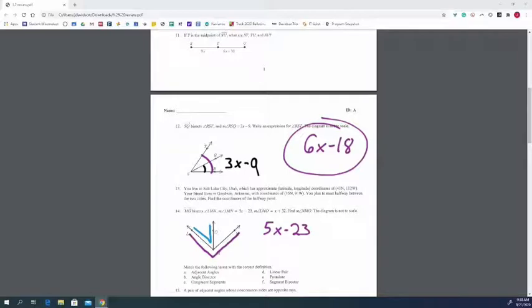But that purple angle is not going to equal that blue angle. But if I manipulate that blue angle a little bit, maybe multiply it by something, then I can set it equal to the x plus, not equal to the x plus 32, but equal to a multiplier of x plus 32.